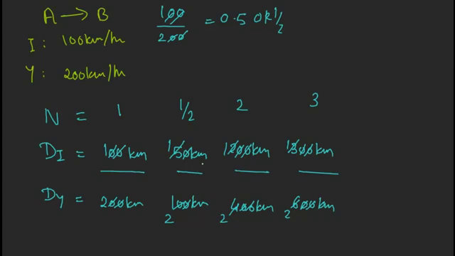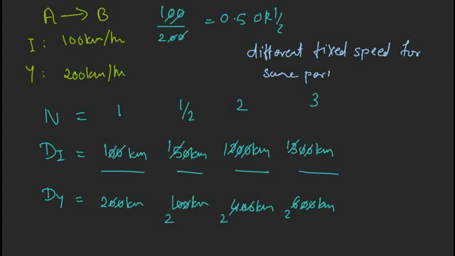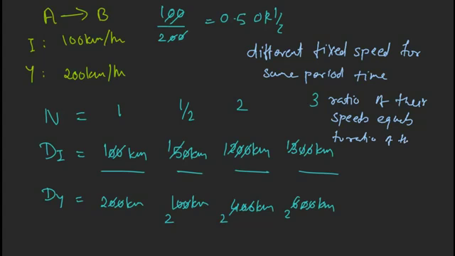What we can conclude is, when two people are traveling at different fixed speeds for the same period of time, the ratio of their speeds equals the ratio of their distances covered.